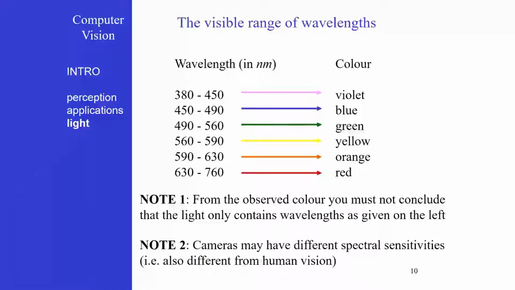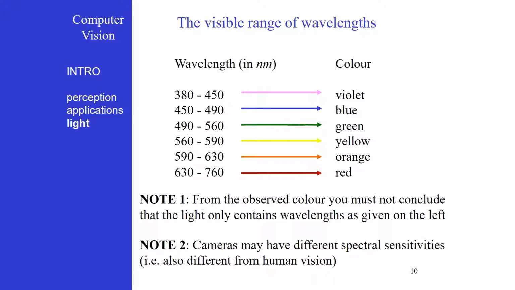So if you see a certain color, it does not follow that that light will only contain wavelengths in the intervals on the left. So from left to right, yes. From right to left, no. Okay? So that's that first no there. From the observed color, you must not conclude that the light only contains wavelengths as given on the left.